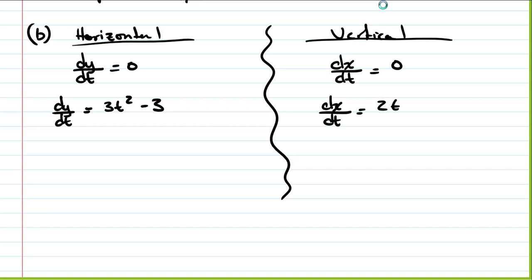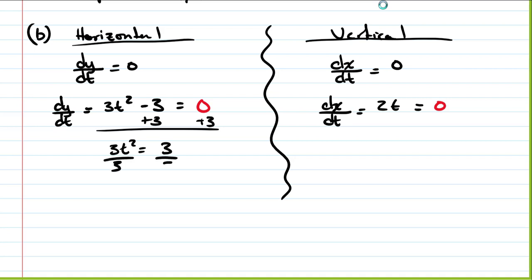So we set each of these equal to 0 to find our respective horizontal and vertical tangents. We did this before, so add 3, and get 3t squared equals 3.